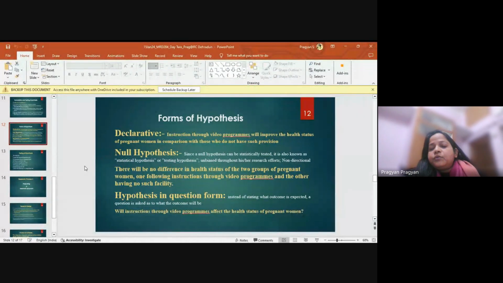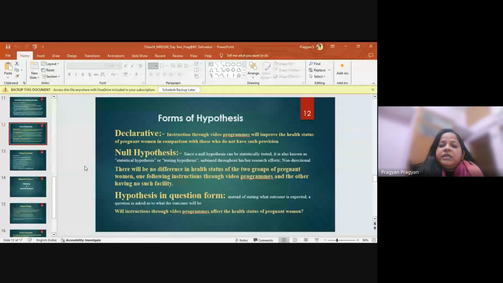Here we are following a different example that is available in your e-Gyan course. It is talking about the relationship with awareness programs with the help of video and audio visuals. Health programs with audio visuals will improve the health status of pregnant women in comparison to those who don't have such provisions.